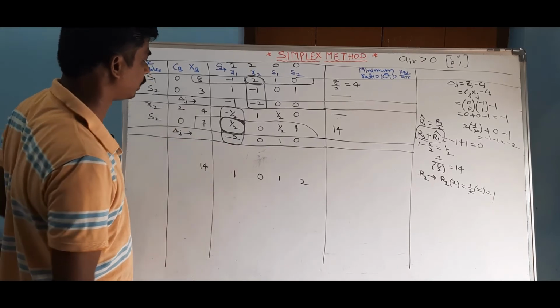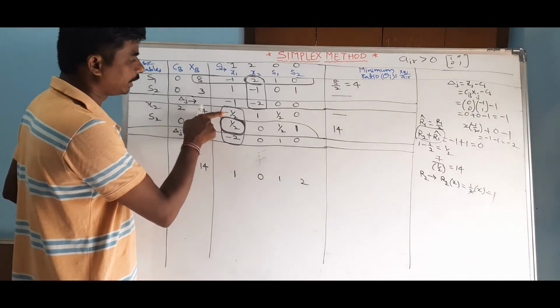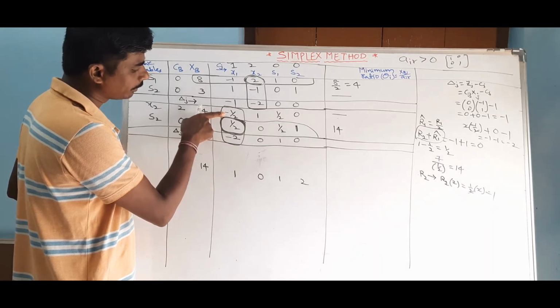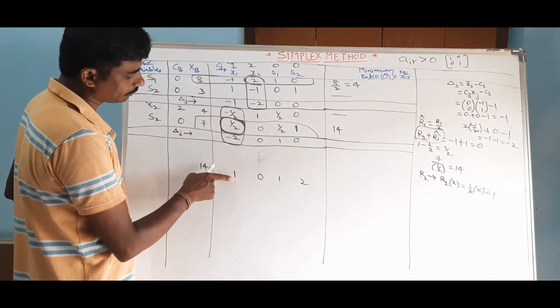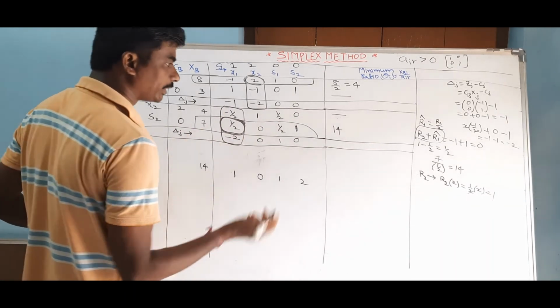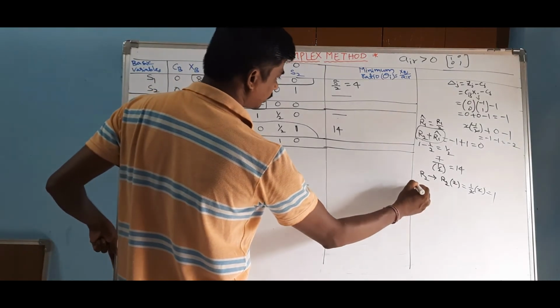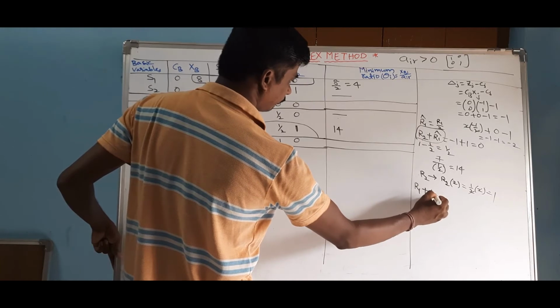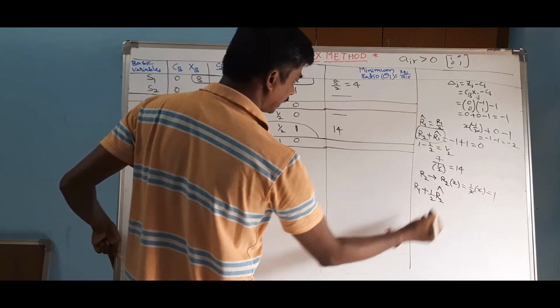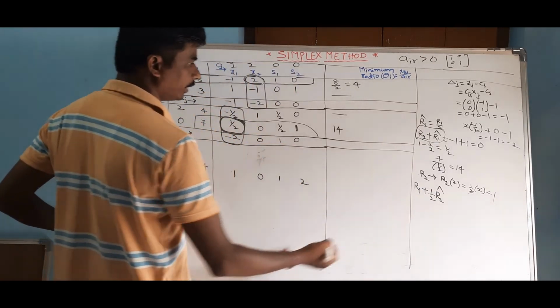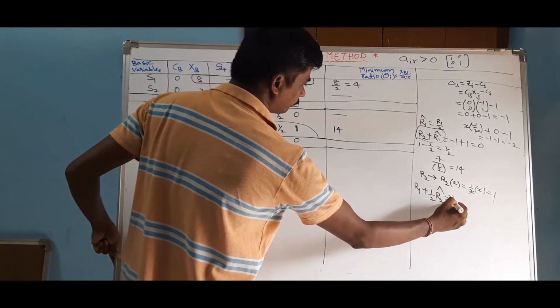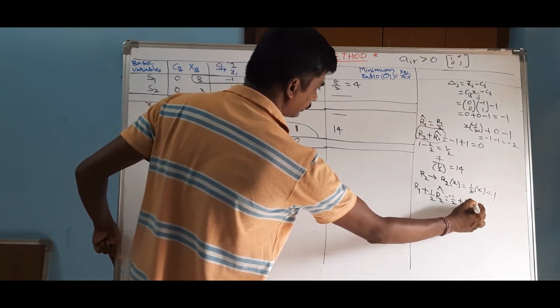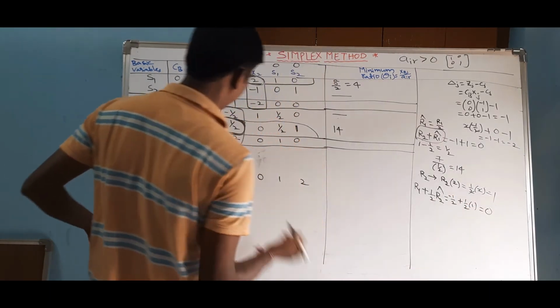Okay, now see here, R1 minus 1 by 2 into 1, that is R1 plus 1 by 2 into R2 cap. Cap means new row. Now see here, minus 1 by 2 plus 1 by 2 into 1 equals 0.